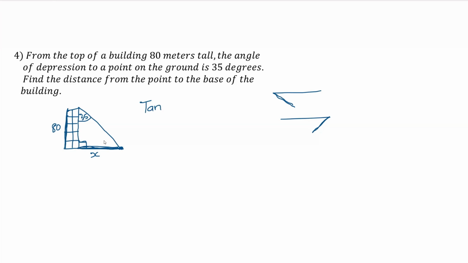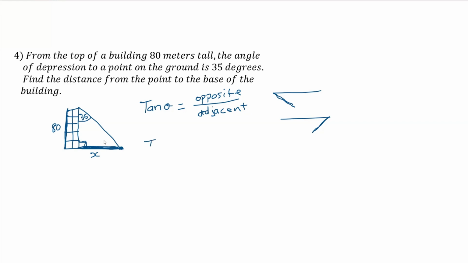Tangent, right? Tangent is TOA. Tangent of the angle is equal to opposite over adjacent. So we're using tangent here because this side here is opposite the 35 degrees and the 80 is adjacent to the 35 degrees.